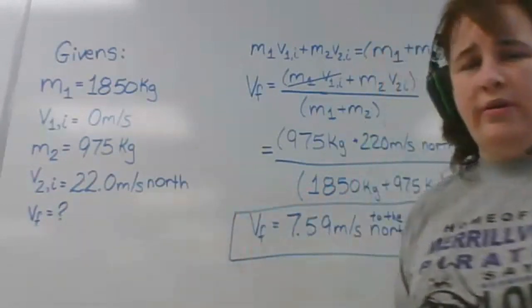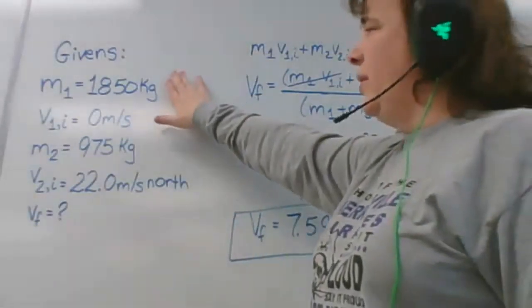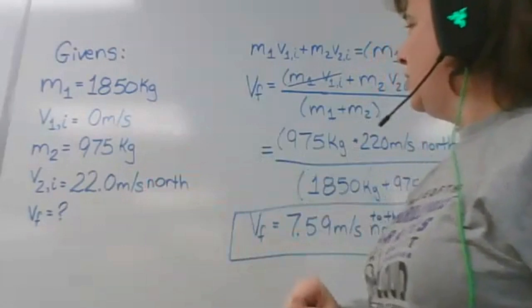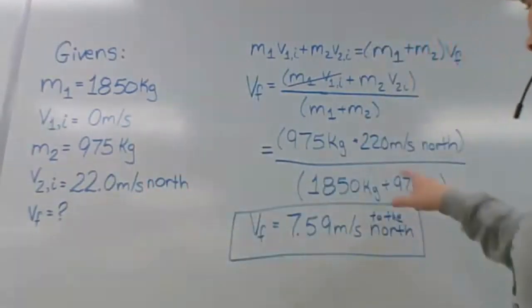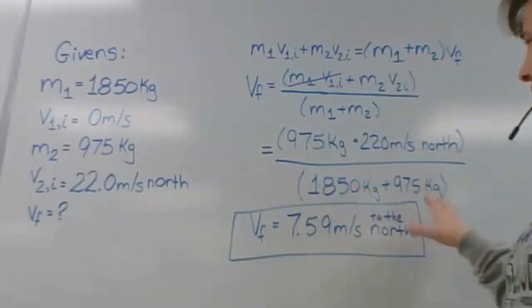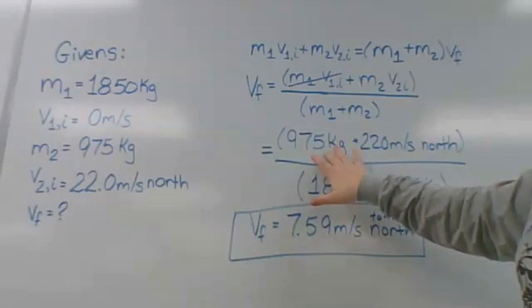All right, let's talk about if this makes sense. This object is about double the size of this object. I have 22 meters per second here. When I add them together, that means my mass is triple what it was here.